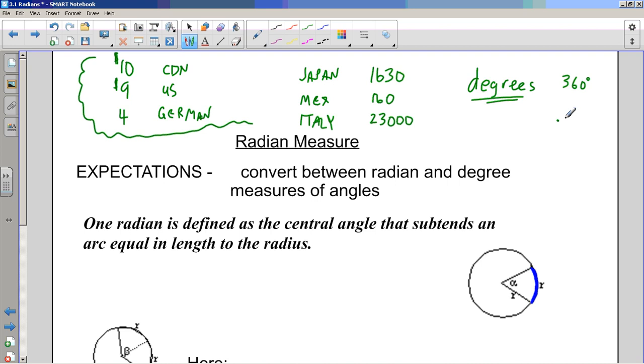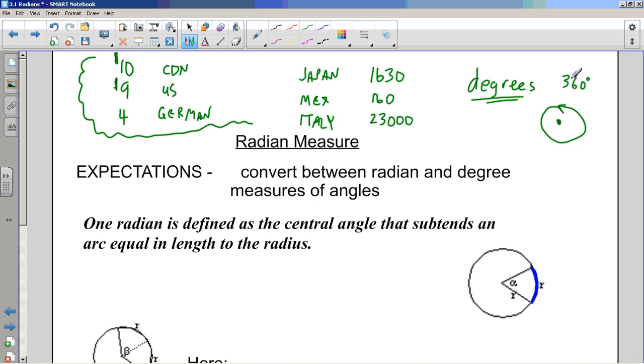Basically, when math started out, they thought that it took 360 days for the Earth to go around the sun. So they thought, well, let's call the number of degrees around in a circle 360, and then we could say 1 degree is how much the Earth goes around the sun in 1 day.